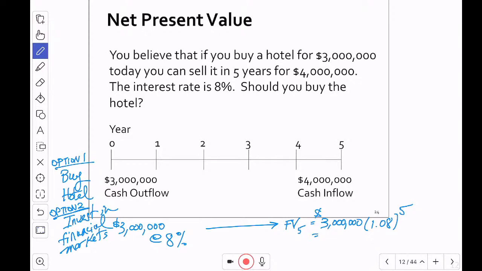Now you can use your financial time value of money keys or just use the scientific part of your calculator. Anybody get a number?